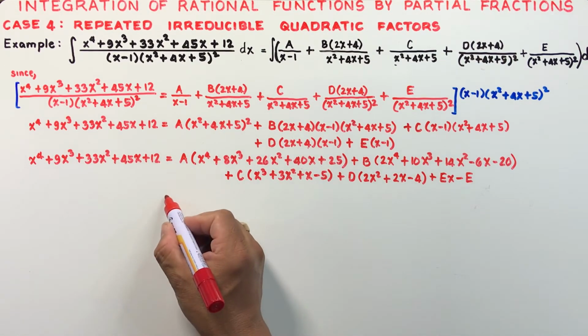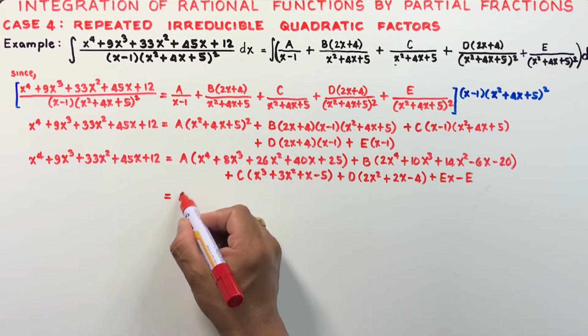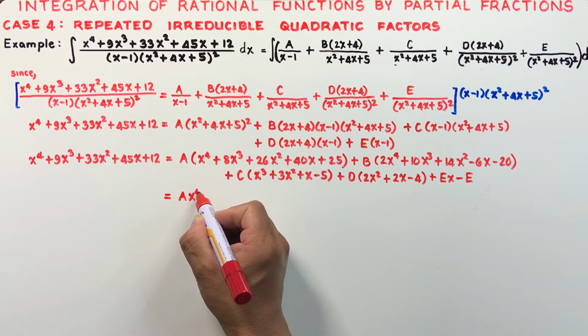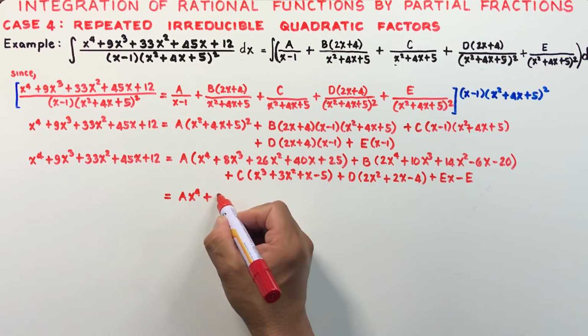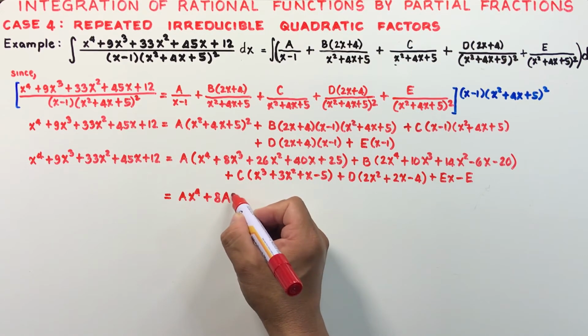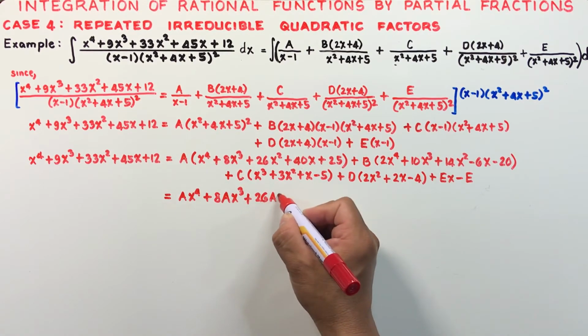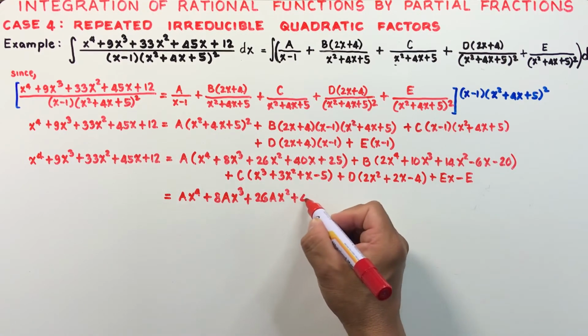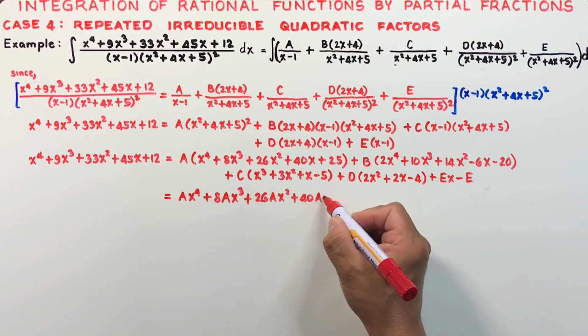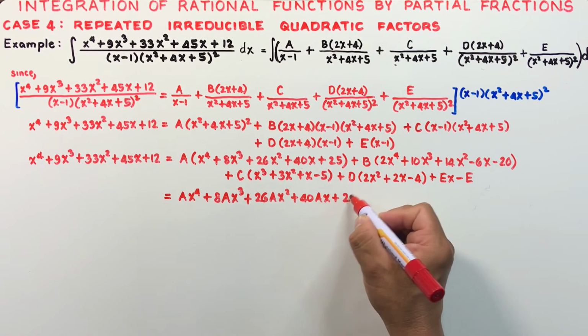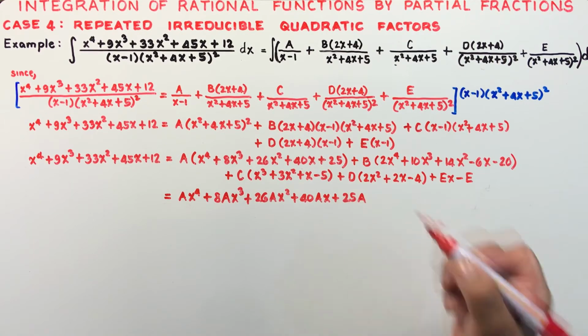So distributing all our constants, we have ax to the fourth plus 8ax cubed plus 26ax squared plus 40ax plus 25a.